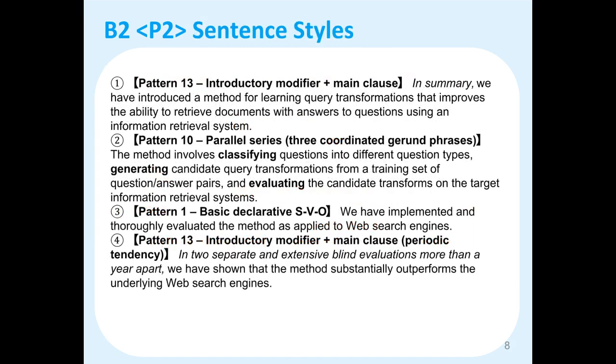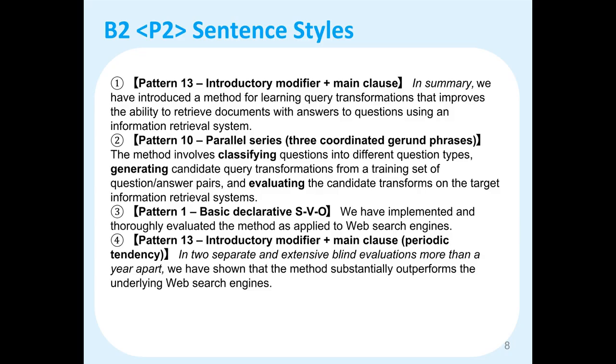Our final piece of B2 analysis focuses on the sentence styles to see how we achieve high information density and declarative force. We are again turning to the specific patterns from the book, The Art of Styling Sentences. The paragraph opens with pattern 13, introductory modifier plus main clause, in sentence 1, using "in summary" to transition smoothly into the main contribution.